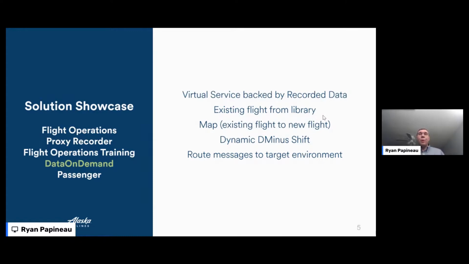So since we had that recording, we actually built our own fake web service, built our own API specification, and have it reach into our database of recorded data, apply those transforms, and route that data to whatever environment they specify. This gave us massive amounts of automation capabilities for getting consistent data.